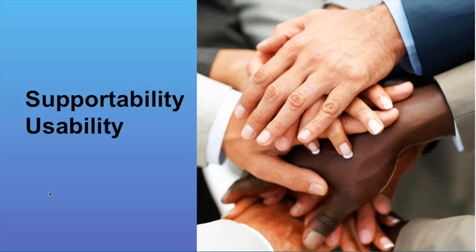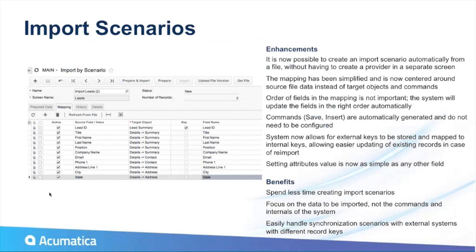So as I mentioned in my introduction, making the product easier to use and support is one of the key themes of this 4.11 release. So one area which I suspect many of you are already familiar with is the import scenarios and integration services. So it is kind of like black magic today.